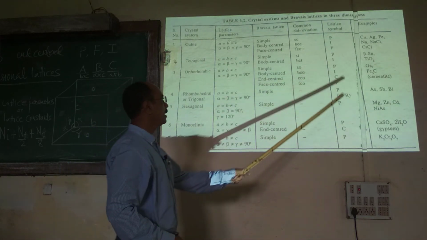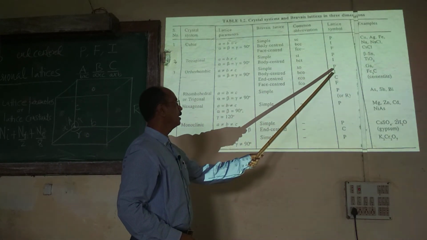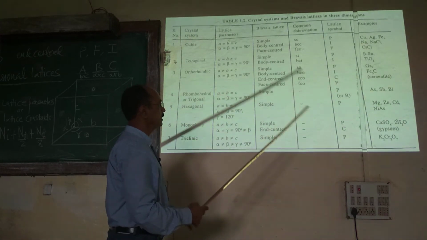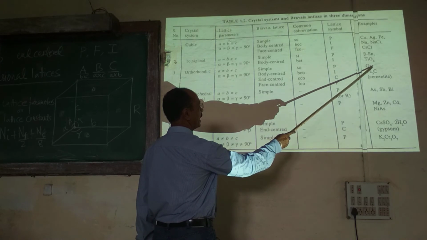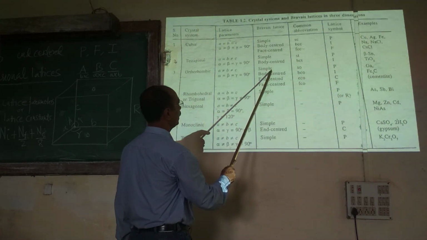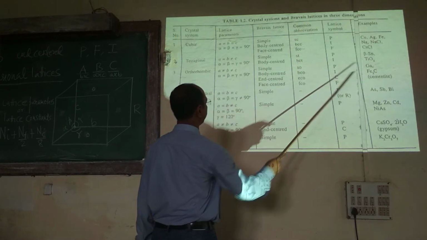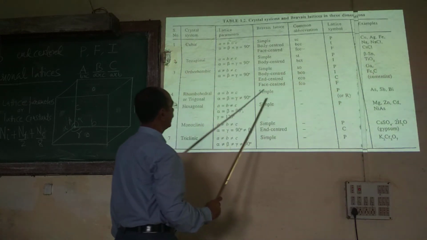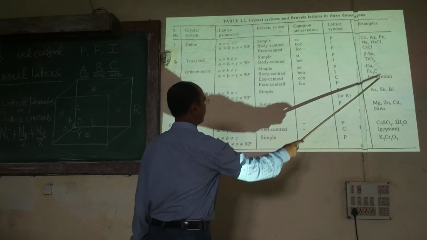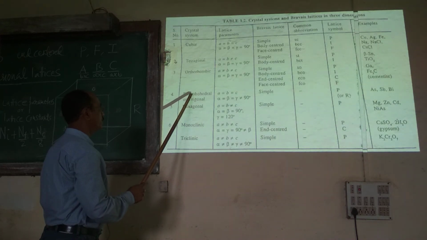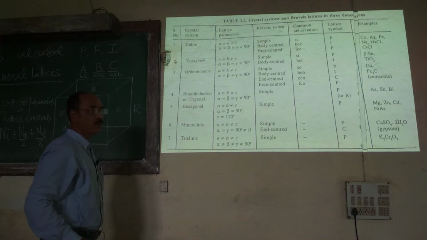Their symbols are P, I, C and F. Their examples are gallium for simple orthorhombic, Fe3C cementite, and so on. Then the fourth crystal system is rhombohedral or trigonal.